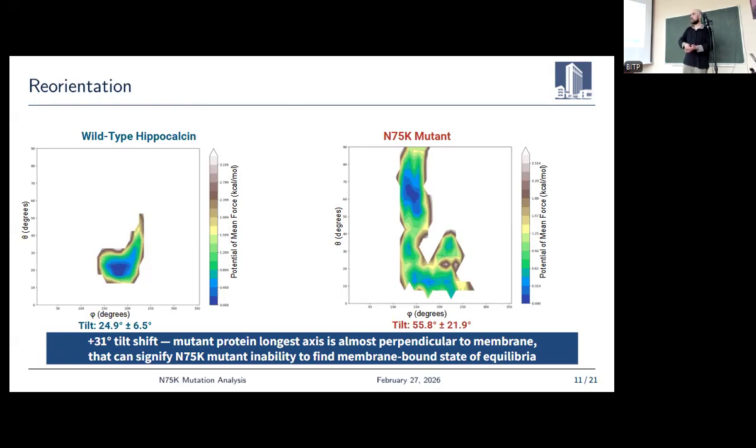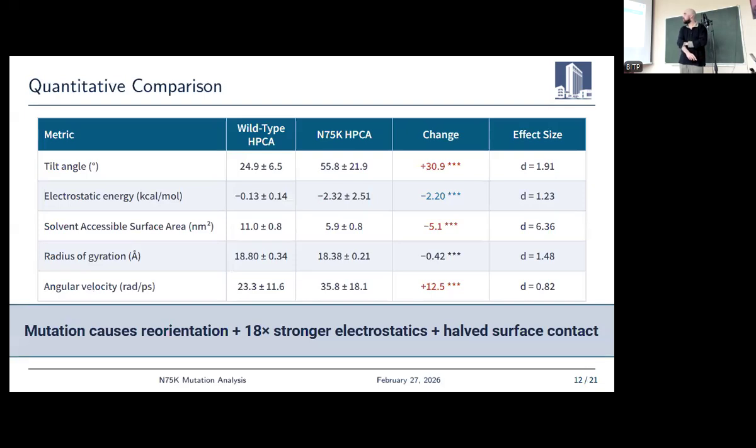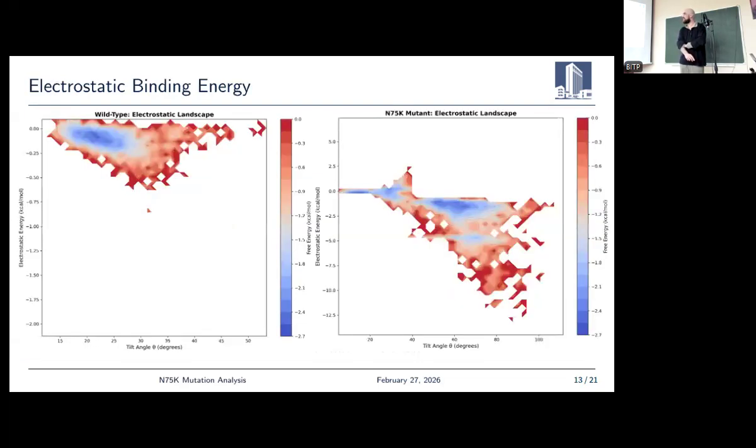And the mutant form is overall unstable, and the minimized state is near the membrane normal vector. So it's mostly perpendicular to the membrane. Yeah, definitely.